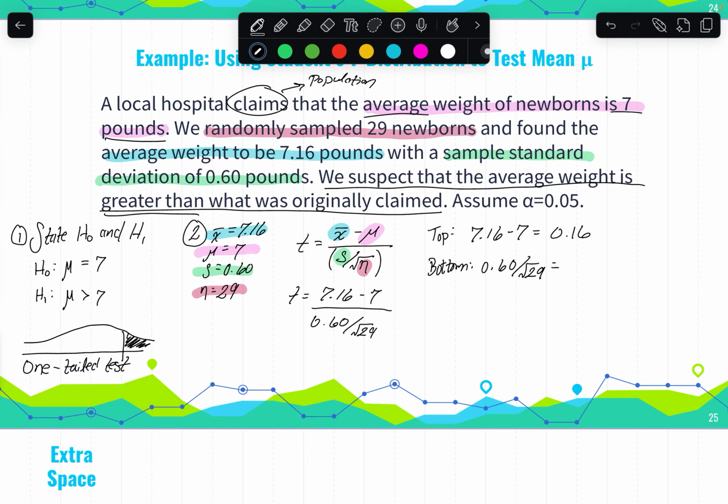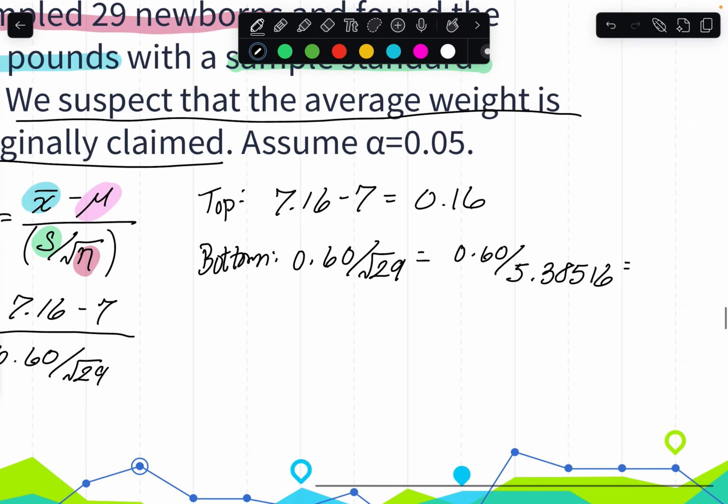The square root of 29 is about 5.385164, so we're going to write 5.38516. 0.60 divided by 5.38516 gives us 0.111417, so we're going to write 0.11142.